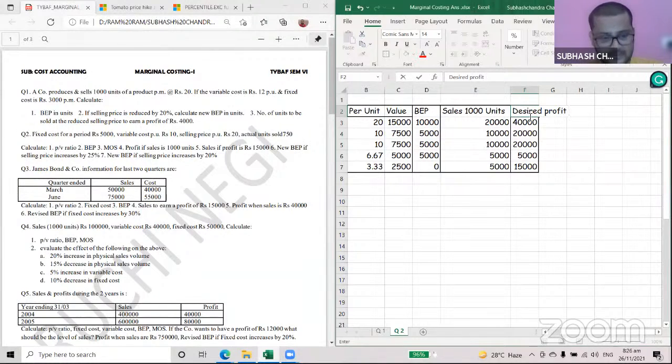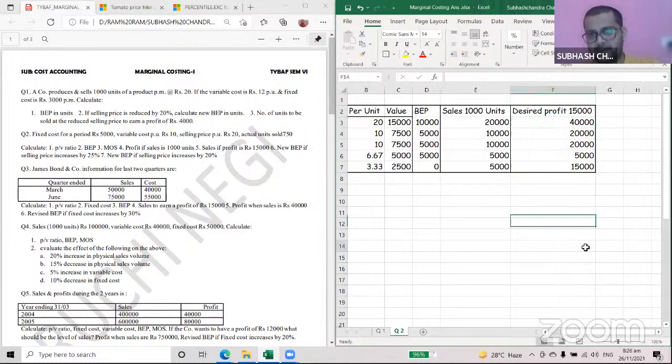Desired profit 15,000. So everything I am interpreting here for you all. New BEP if selling price increases by 25%.